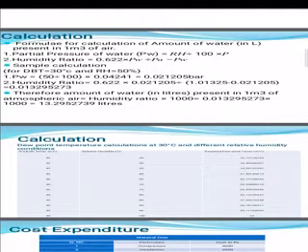For the calculation of water present in the atmospheric air, first we have to calculate the partial pressure of water. That is relative humidity divided by 100 into P. That P is a saturation pressure that we have taken from the steam table.